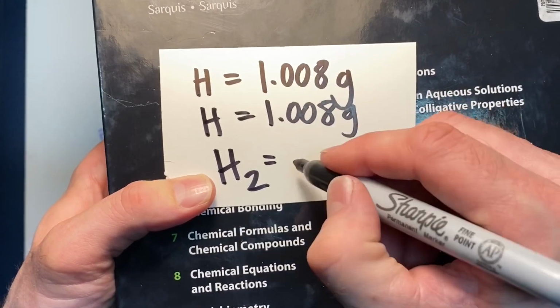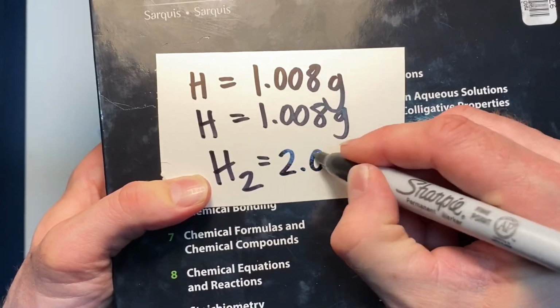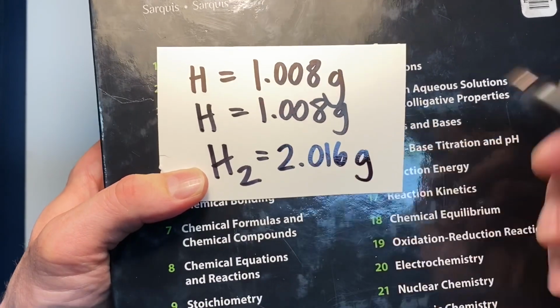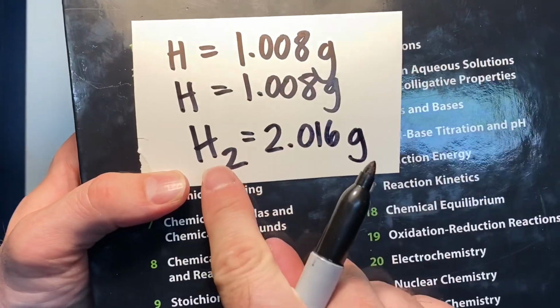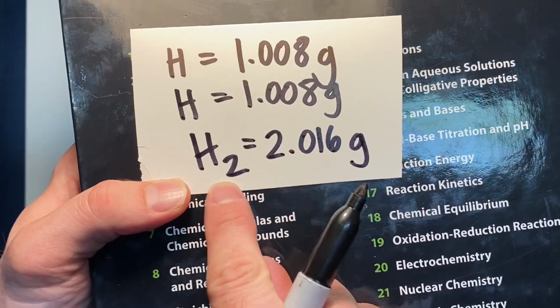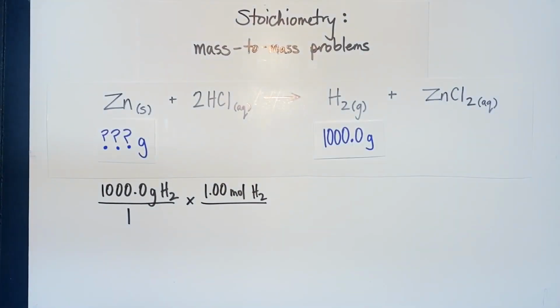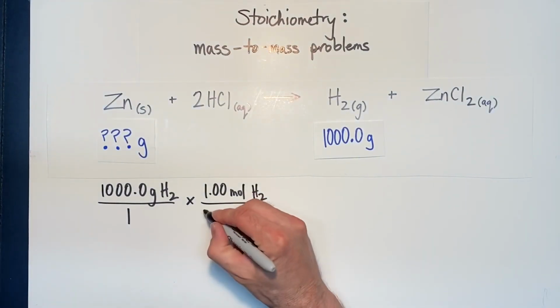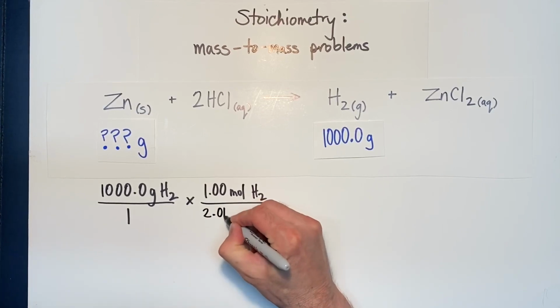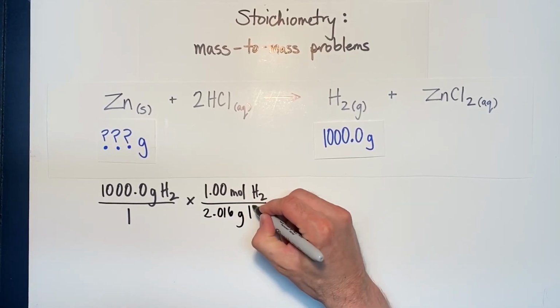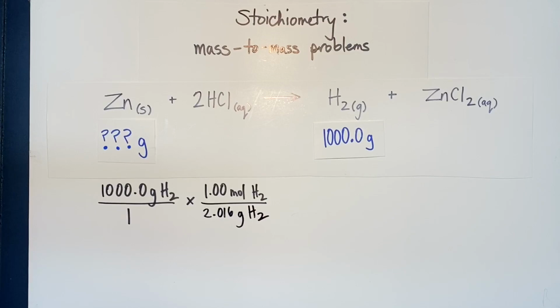So we just add this up and we get 2.016 grams. So the molar mass of elemental hydrogen is 2.016 grams. I'm going to write that here, 2.016 grams of hydrogen as its molar mass.